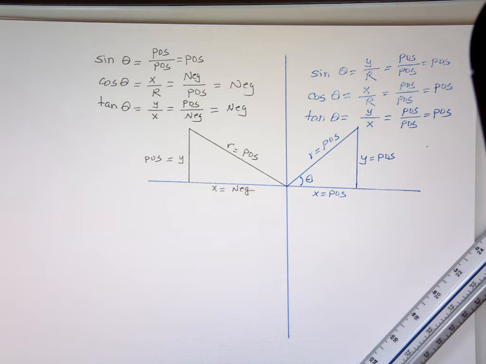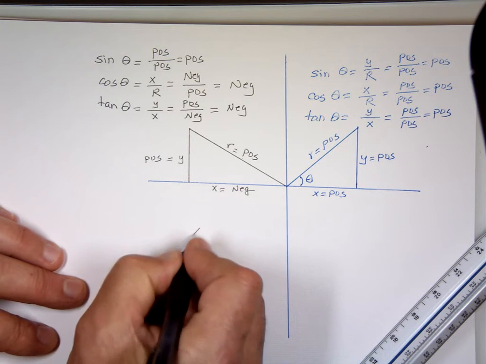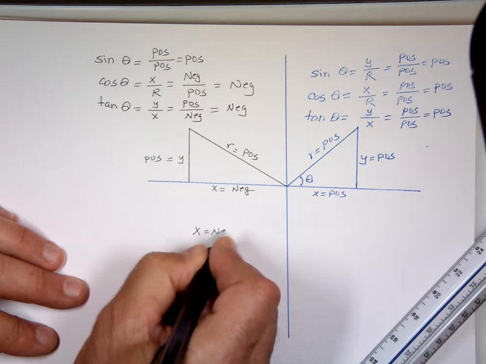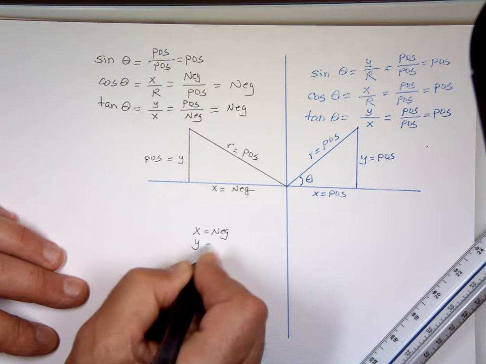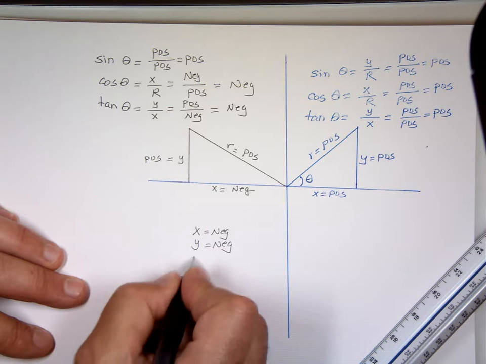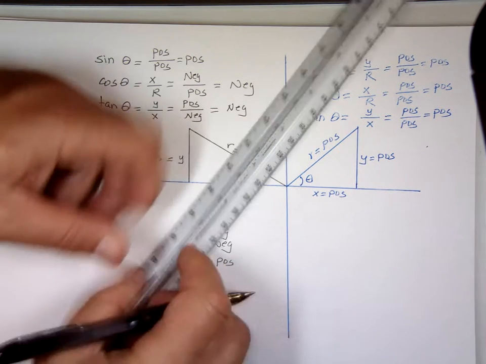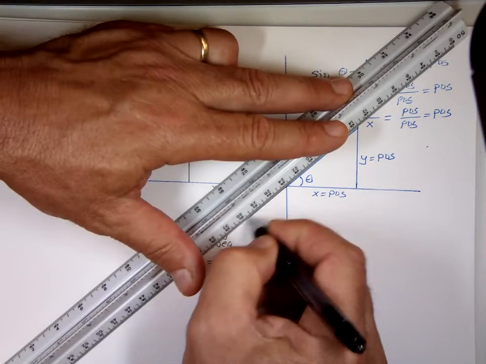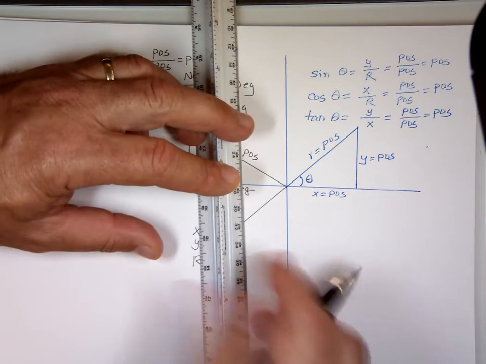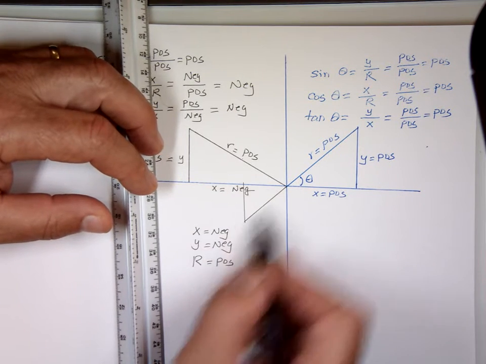And I can repeat the process for the rest of them. In this quadrant, x is negative and y is negative. Both are negative. R is positive. The x value is negative, the y value is negative, r is positive.